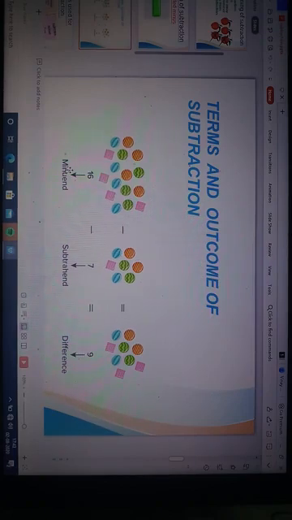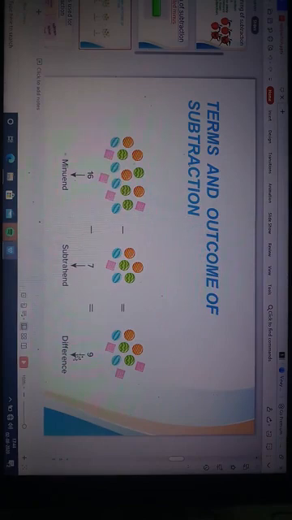The number which is to be subtracted is called subtrahend. And the answer we get is called difference. Is it clear, students?